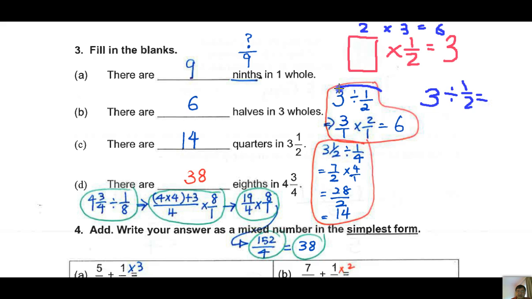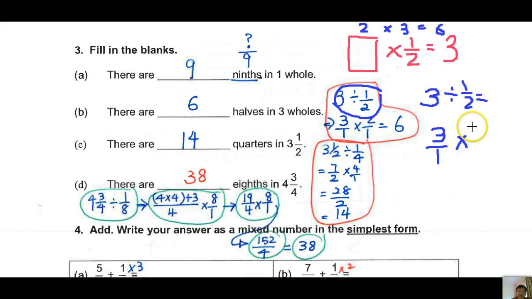Look here, 3 divided by half. We have explained that in class. 3 wholes is actually 3 divided by 1, which is an improper fraction. Then, to make it simpler, you multiply.